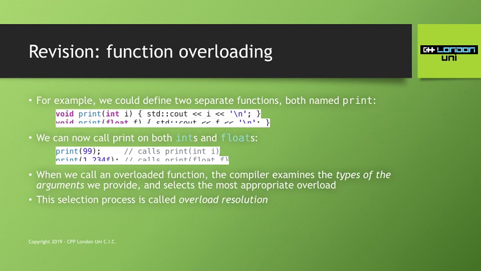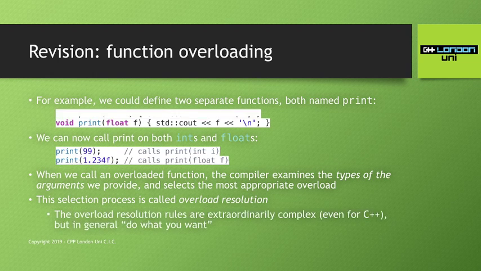And the more you get into C++, probably the more you'll hear about this mysterious thing called overload resolution. And this process is extraordinarily complicated, even by the standards of C++, which is quite complicated as programming languages go, as you've probably gathered by now. The overload resolution rules are just crazy.